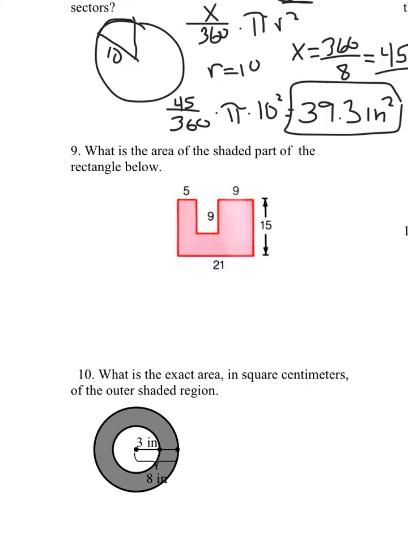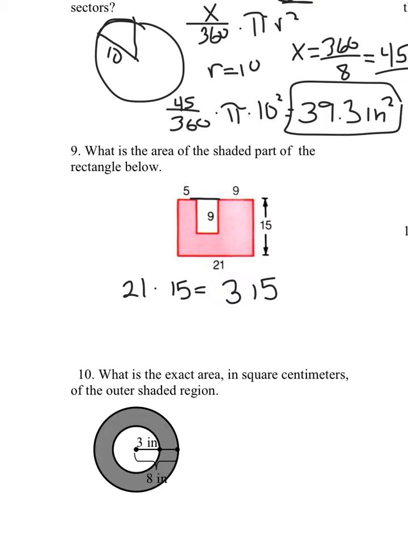Number 9, 2 ways to do this. One way is to do the big shape minus the hole that's cut into it. As a big shape, you have 21 times 15, which is 315.